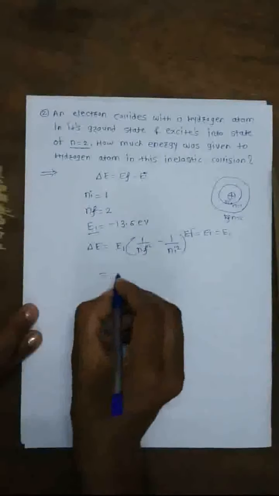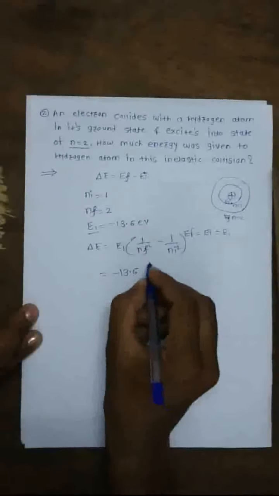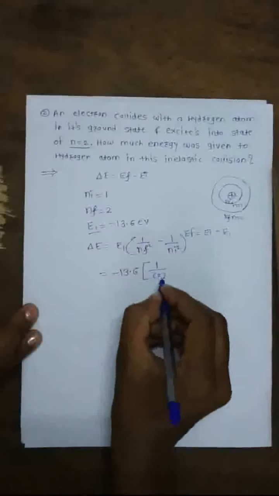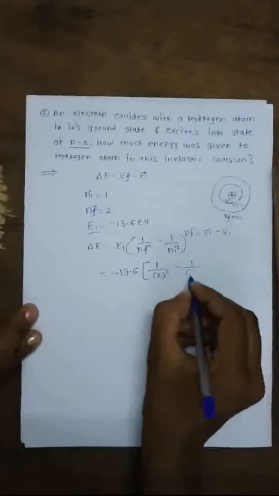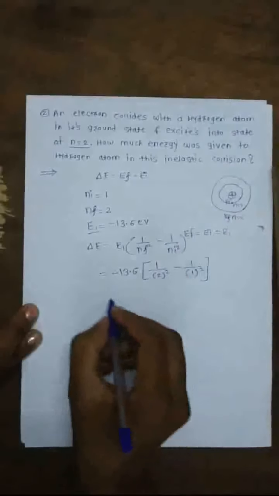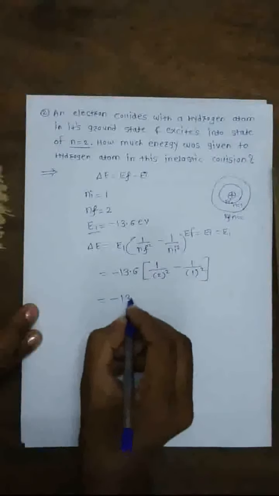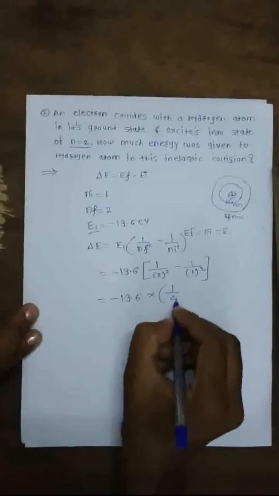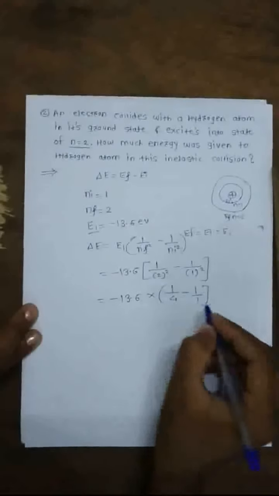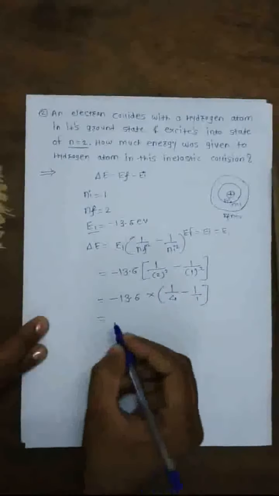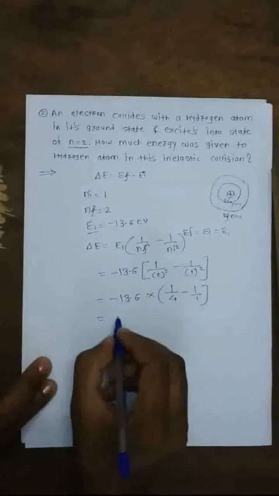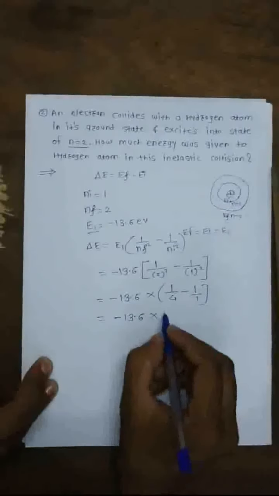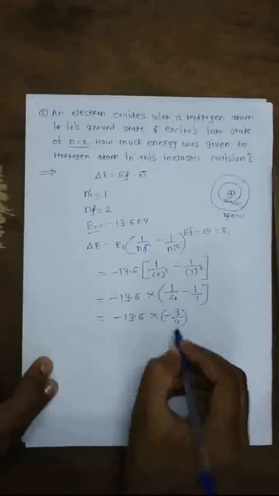The energy will be minus 13.6 into 1 upon Nf square, 1 upon 2 square minus 1 upon 1 square, which is equal to minus 13.6 into 1 upon 4 minus 1, which is equal to minus 13.6 into minus 3 by 4.